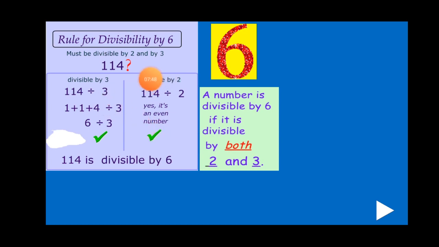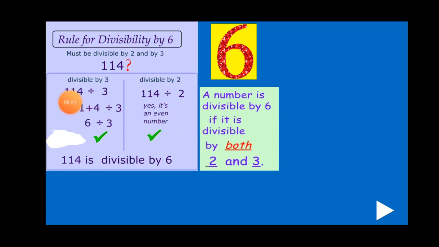First of all, we have a number, let's say 114. First we will check its divisibility by 2. To check its divisibility by 2, what do we do? We always refer to its ones place digit. Here in this number 114 the ones place digit is 4, and this is an even number. So we can write that this number is divisible by 2.